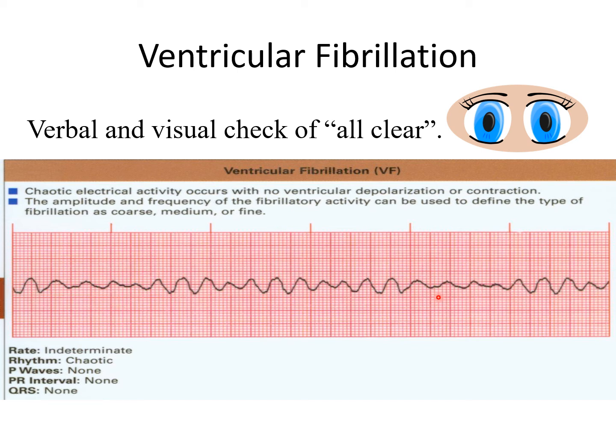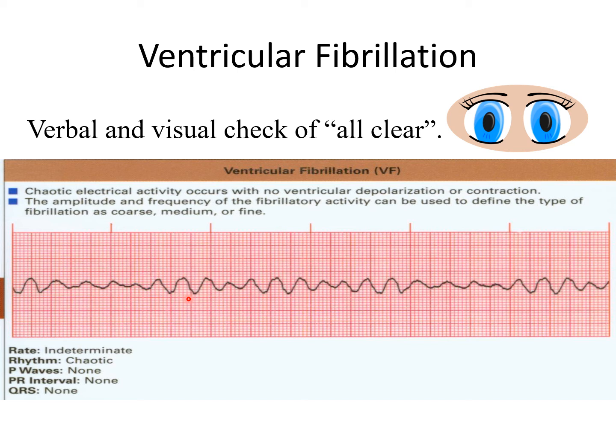You just look up here and you'll know, instead of seeing big mountains or tombstones, we see molehills. Little tiny mounds that you might see in your yard if you had a mole digging holes. So we have this chaotic electrical activity, the small hills or molehills, indicating that the ventricles are simply quivering.